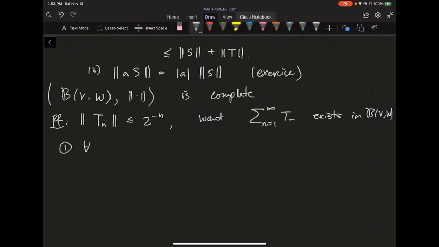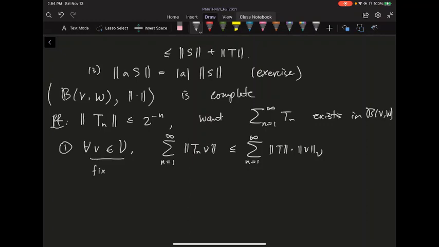So the first step is always to define a pointwise limit. In this case, I need to define how this infinite sum evaluates on some vector. So let's take any vector V inside V. If I consider the summation of Tn of V, with n going from 1 to infinity, each of these Tn of V, from the remark I had in the last video, is bounded above by the operator norm of Tn times the length of V. Here this V is fixed, I'm just taking any V for now.